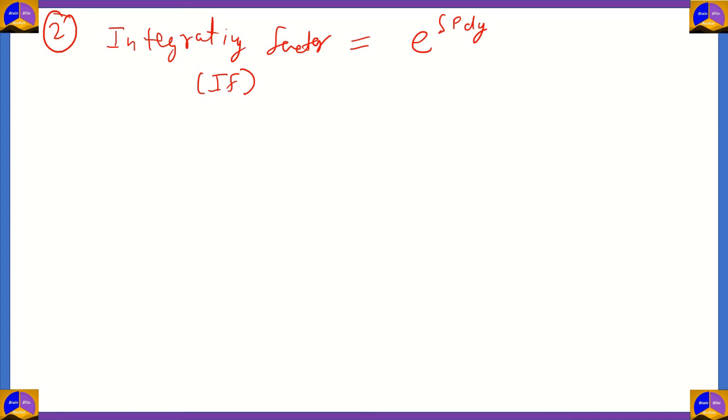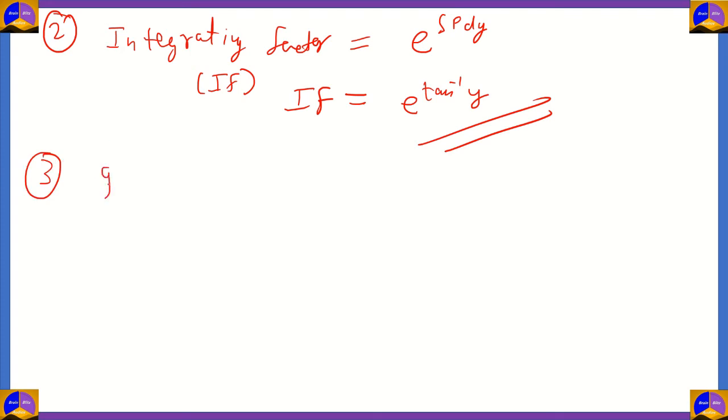So e raised to whatever we found in the first step is the value of the integrating factor. So in this case, that is equal to e raised to the integral of 1/(1 + y²) dy. So e^(tan⁻¹y) will be the value of the integrating factor. So that is step 2. Step 3 is to write the general form of the solution.